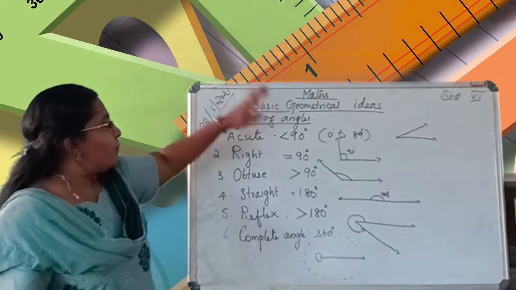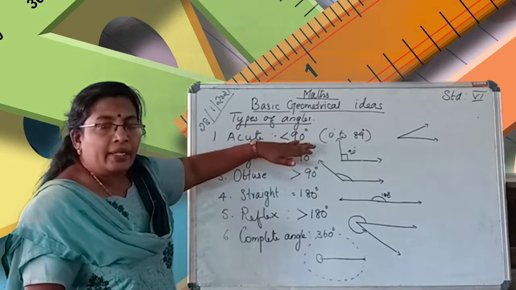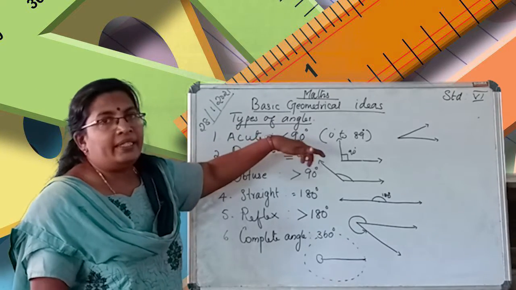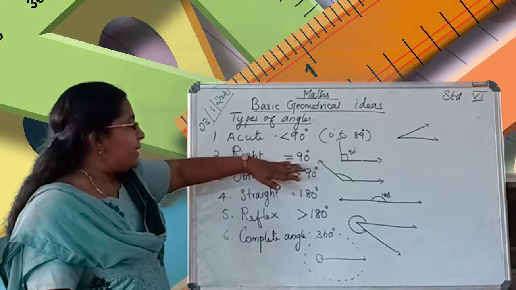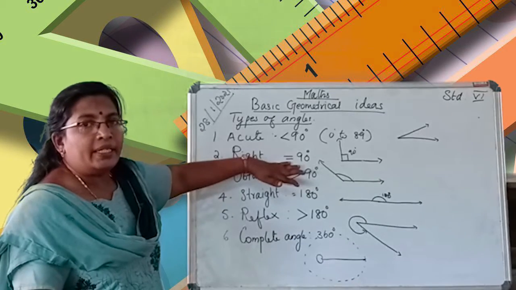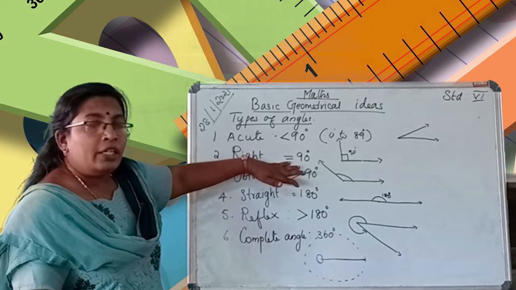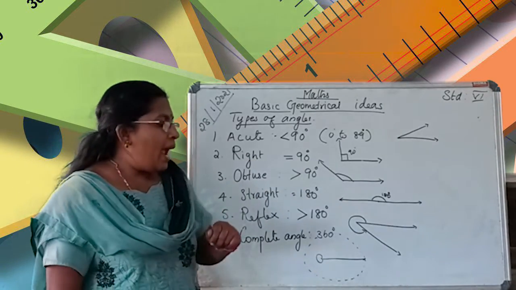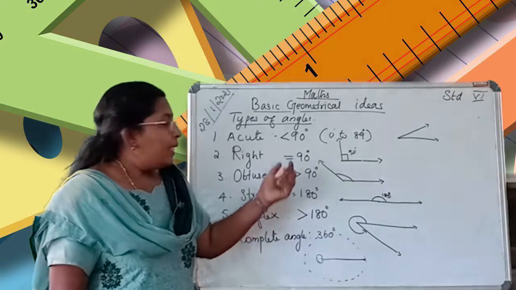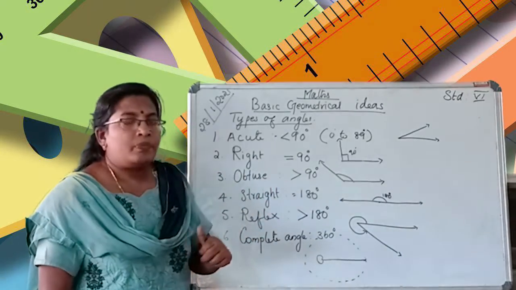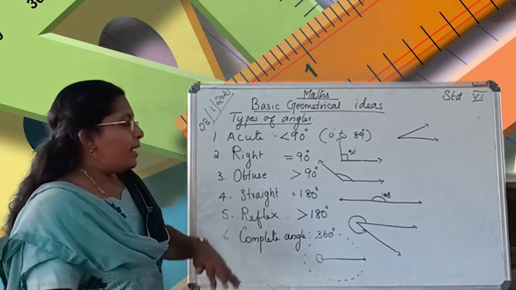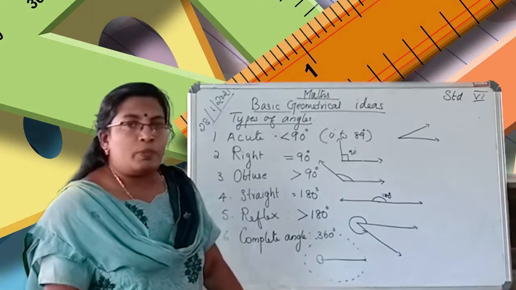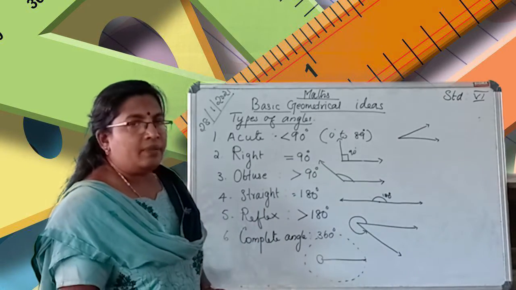Once again see types of angle. Acute angle, that is less than 90 degree. Right angle equal to 90 degree. Then obtuse angle, the angle whose measure is greater than 90 degree. Then straight angle, the angle whose measure is 180 degree.